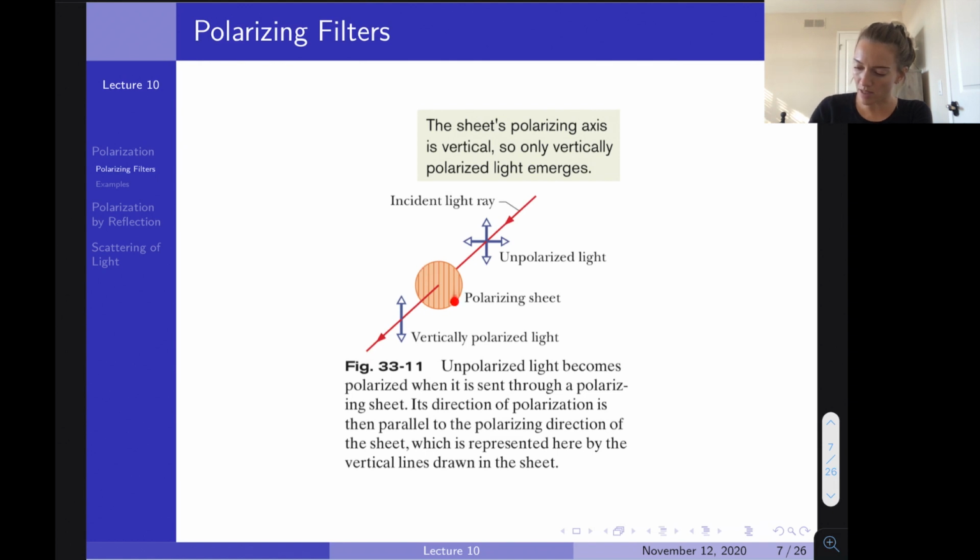You'll have these little lines down it, and only the vertically polarized components of the unpolarized light will make it through the polarizer. Everything else, like this horizontal component here, will get absorbed. Then you have polarized light come out the other end of the polarizing filter, as opposed to unpolarized light.